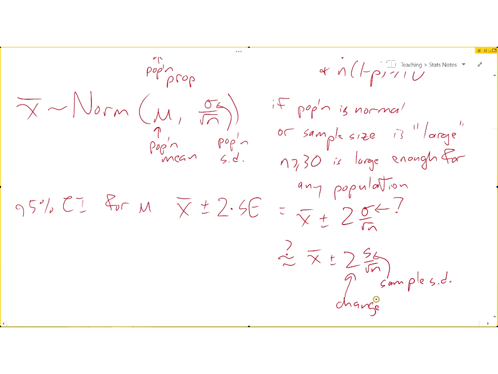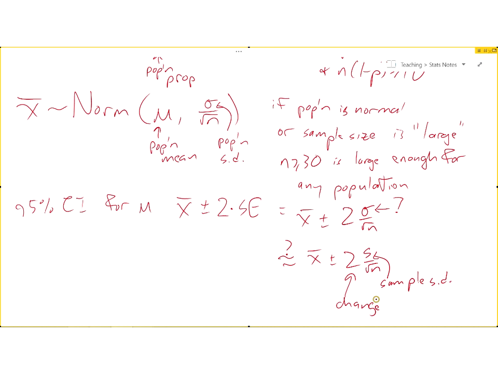Remember that 2 was really a z-score. More accurately, it was 1.96. But it could change depending on your confidence level. If we used a 90% confidence level, it was 1.645, or if we used a 99% confidence level, it was 2.576.